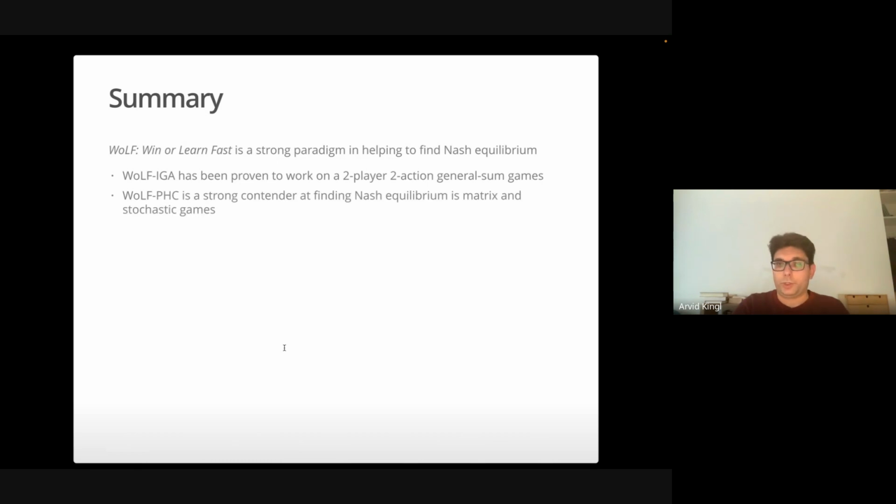It has also been shown in larger games, where we haven't proven it mathematically, but empirically it seems to work still really well. You don't actually need to explicitly calculate the Nash equilibrium. Just by averaging and letting it get close enough, it will eventually reach it by itself.